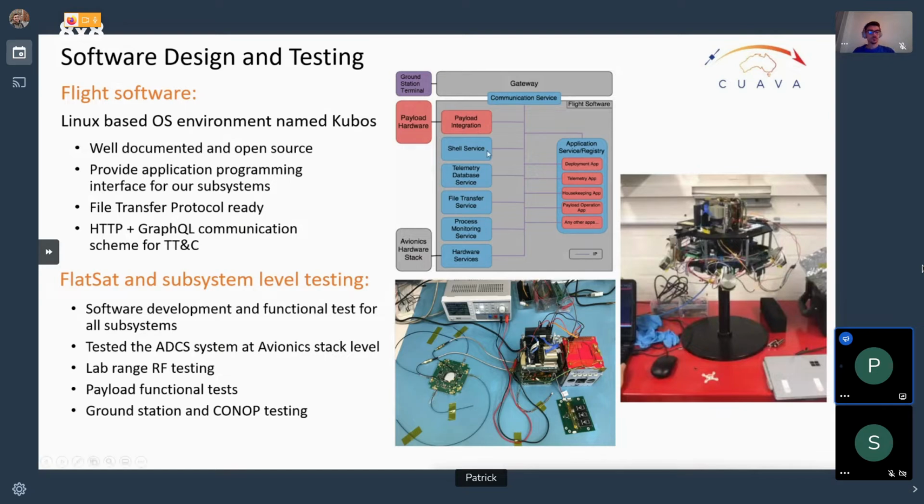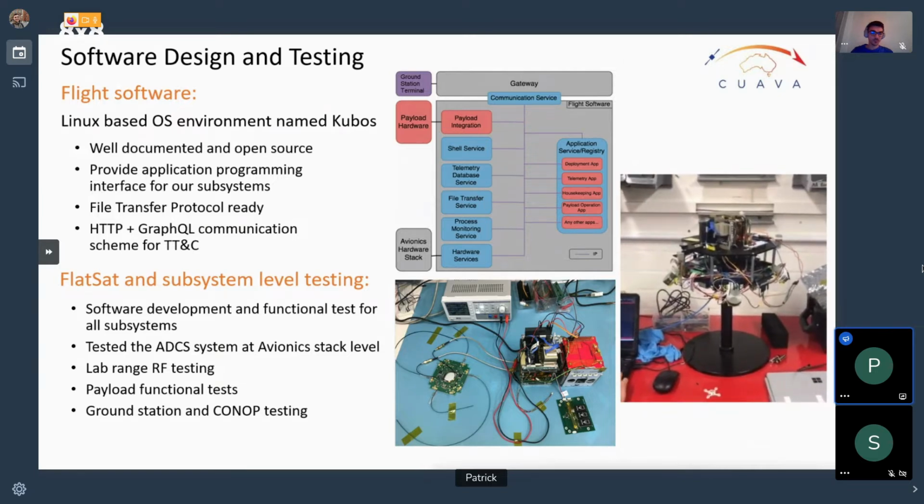So the good thing about the Kubos platform for our software development and the functional test was that through the GraphQL, you can directly just send a GraphQL request on your computer and get a reply from the satellite that is humanly readable, which is very nice.